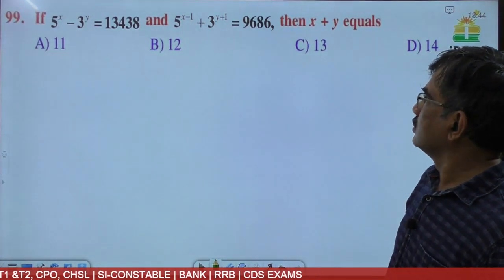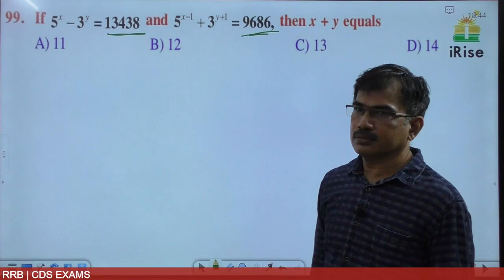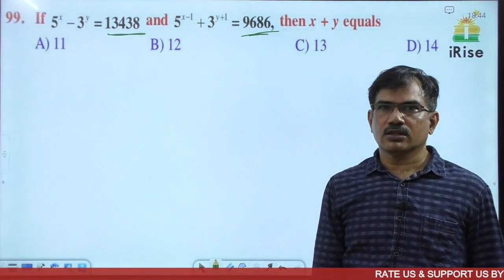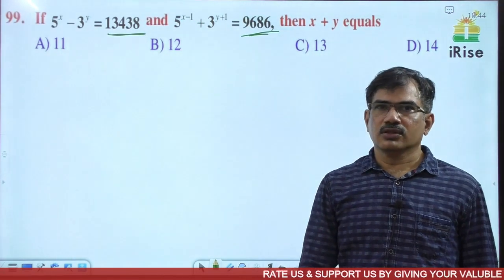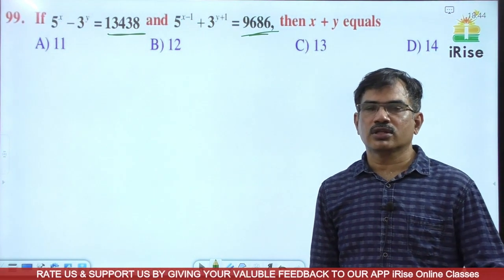Wow, big numbers are given here. If this type of question is given, don't do it first. If time is there to solve, then only you can solve these questions.